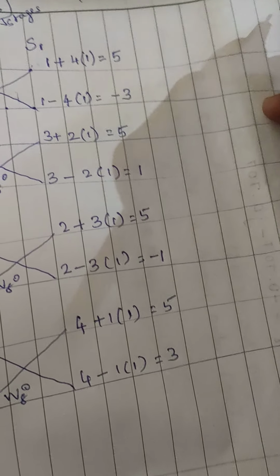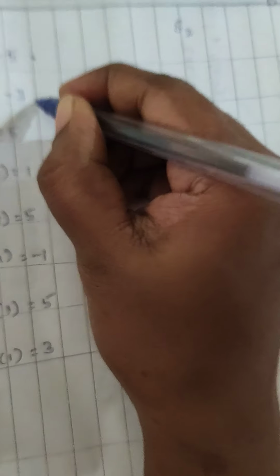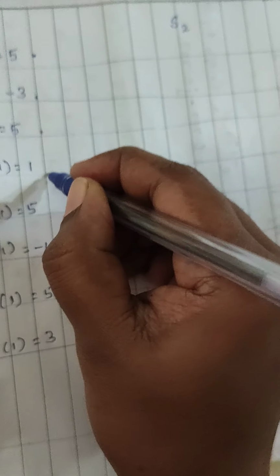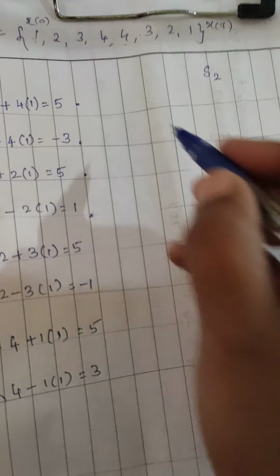So we'll go for the next stage. In stage 2, we are going to take 4 inputs together.